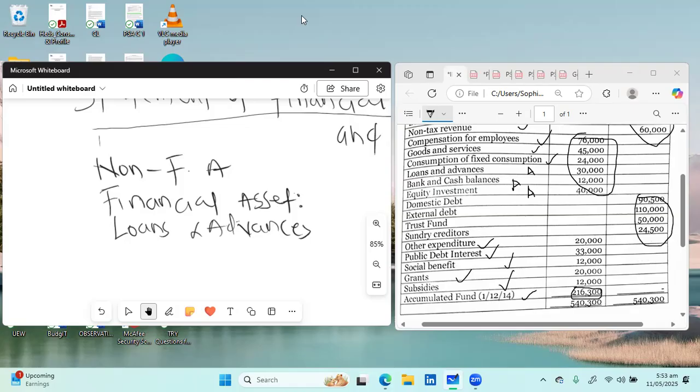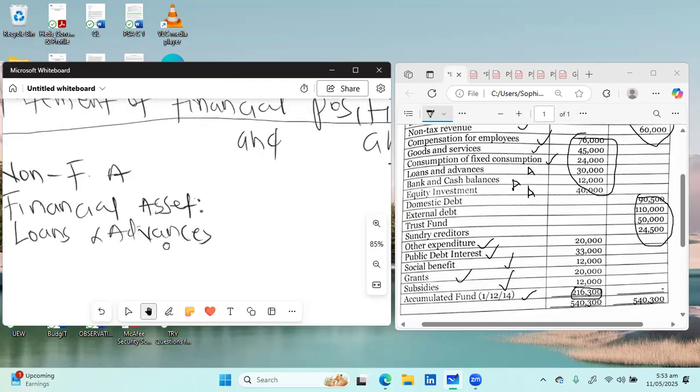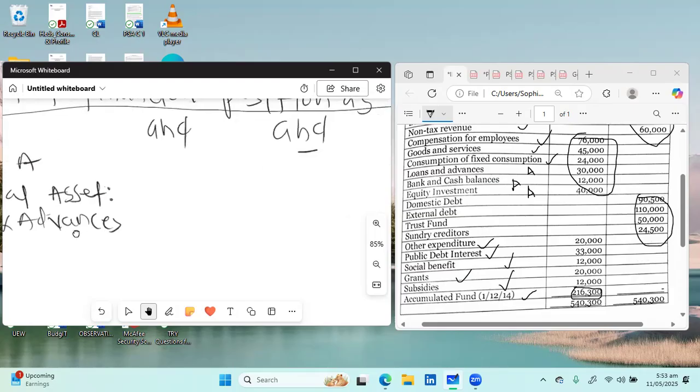That will tell you whether it's an asset or a liability, expense, or revenue. Okay, loans and advances is how much? 30,000.